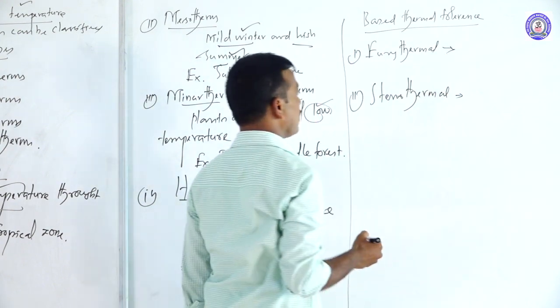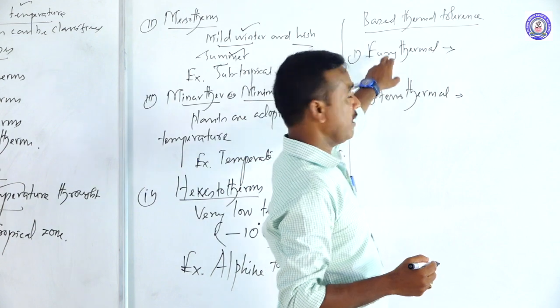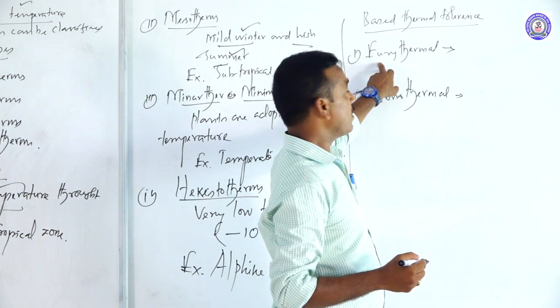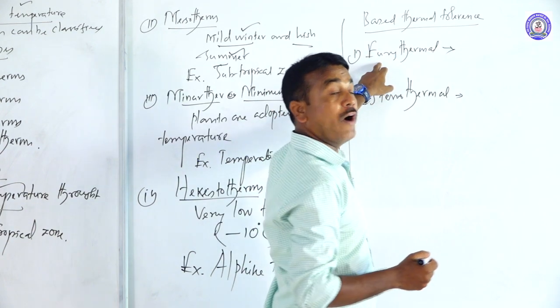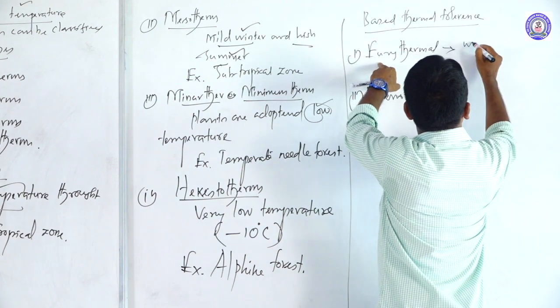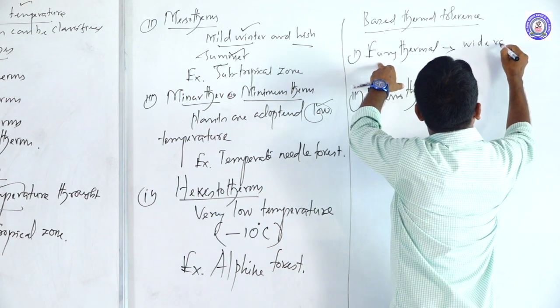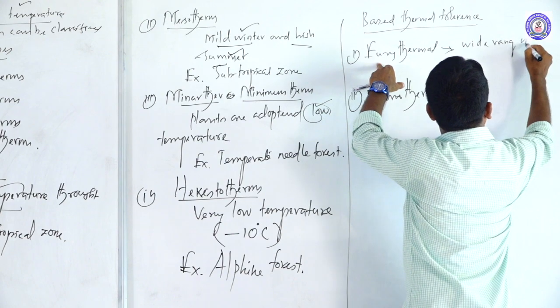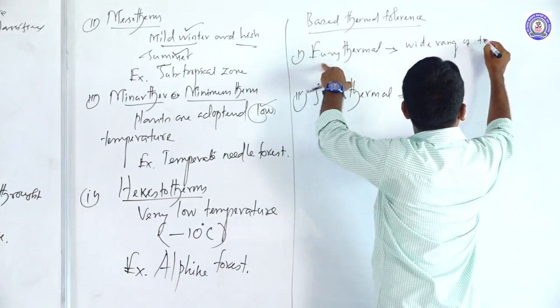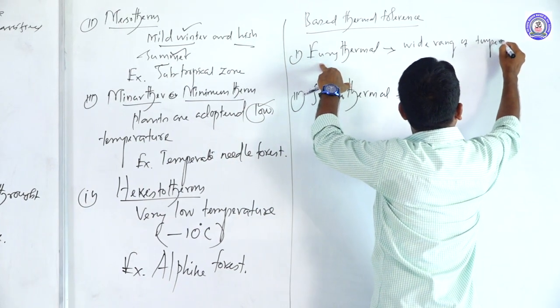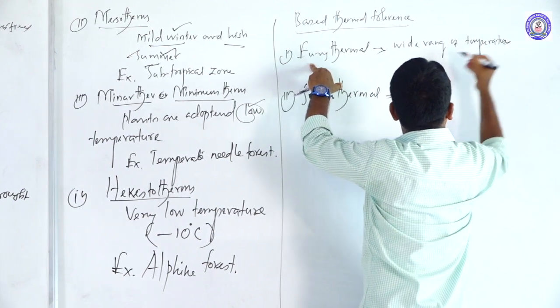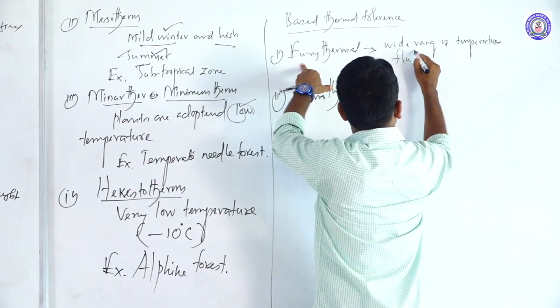What do you mean by eurythermal? That means the plants are adapted to a wide range of temperature fluctuations.